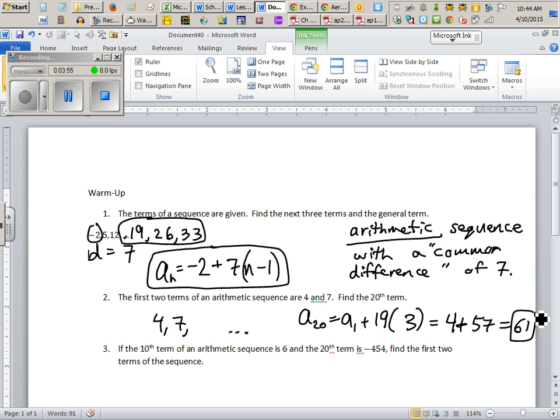I figured that the 10th term was 6 and the 20th term was negative 454. So I just added them and got 500, but then I realized it's going down. It's negative.